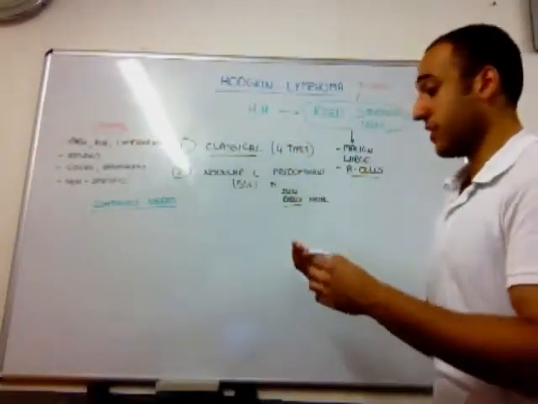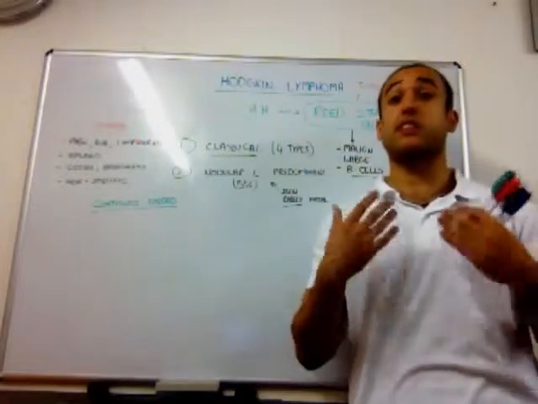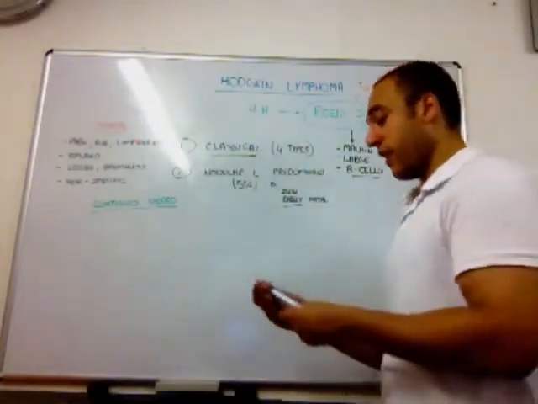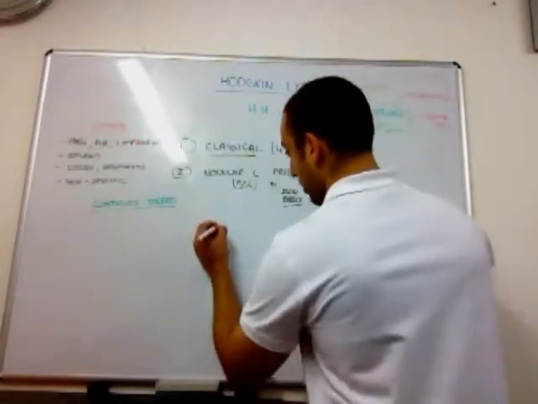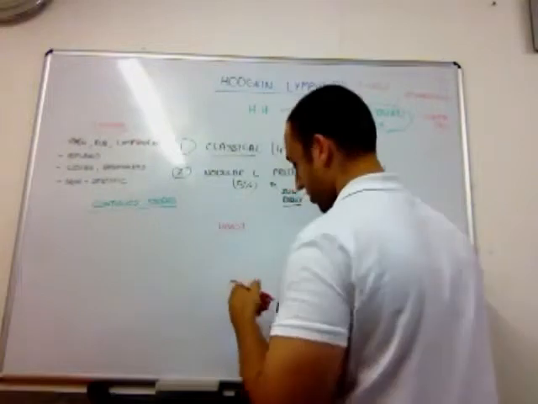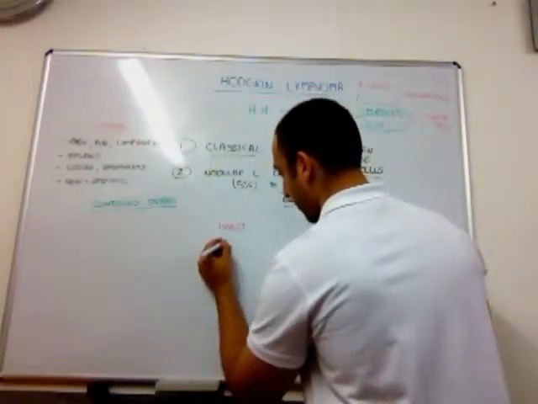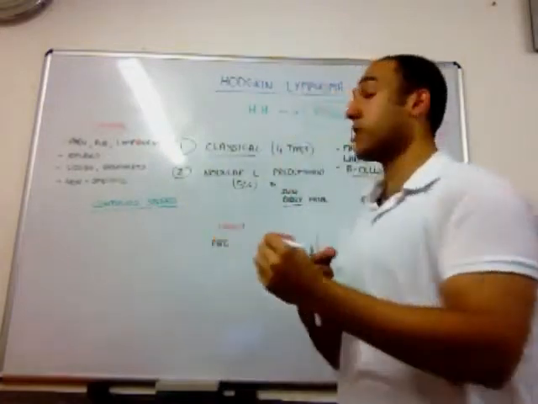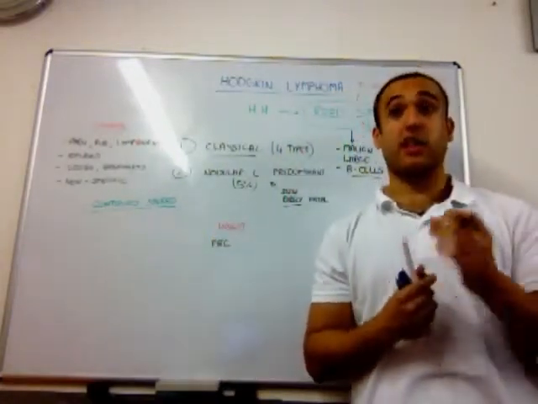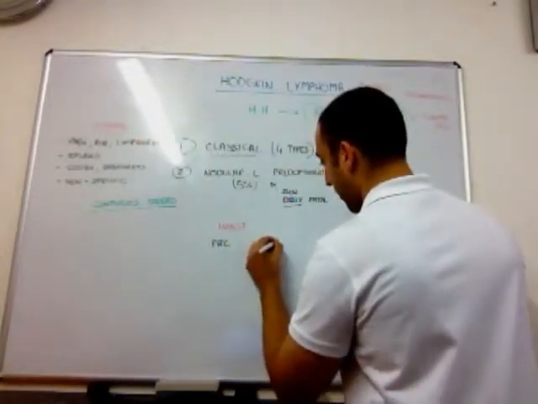Now to investigate this disease we're going to have to do a large number of tests because the disease can spread. It can go from lymph node to lymph node around the body and can affect a lot of different organs. So investigations, first of all, full blood count. It's possible on a full blood count that we see a lymphopenia, a decrease in the number of lymphocytes, which is actually a poor prognostic factor.